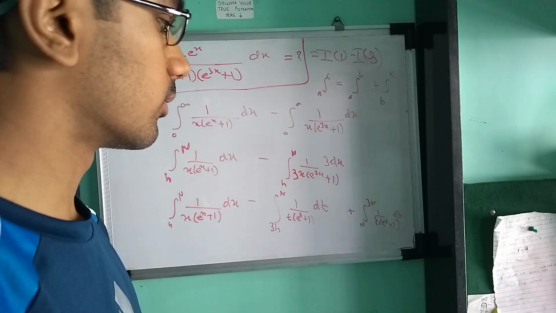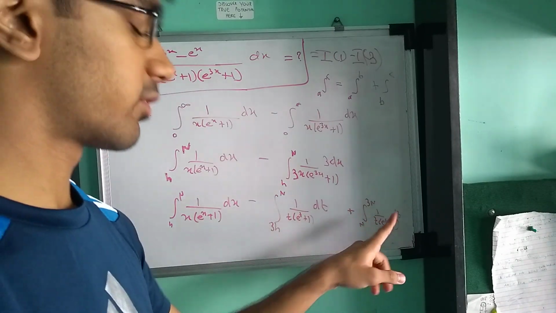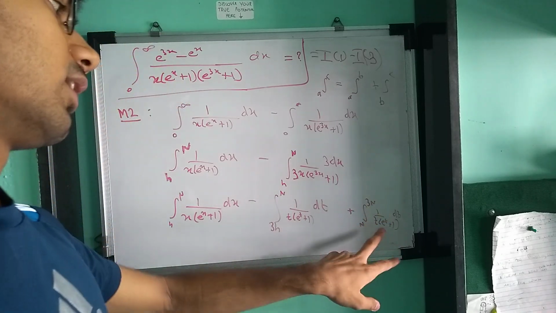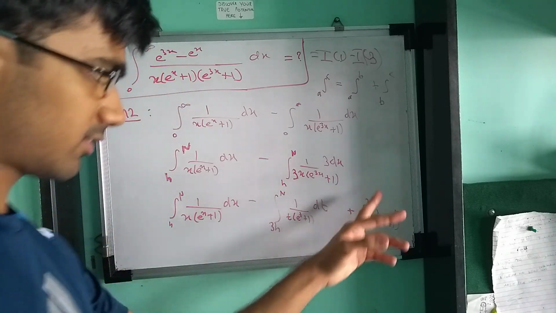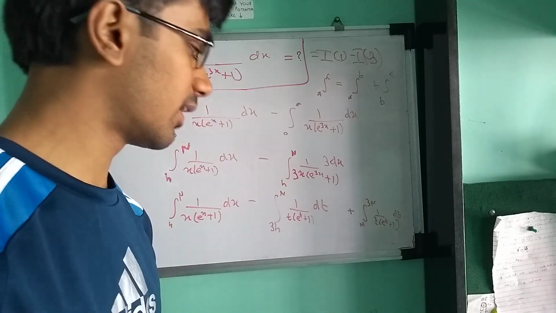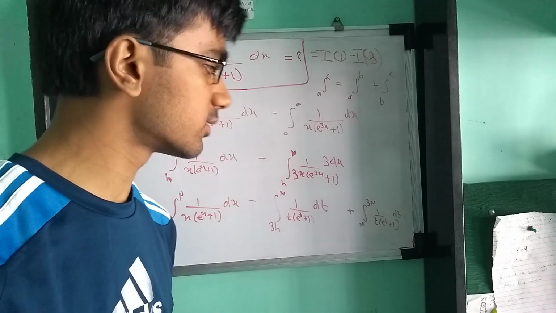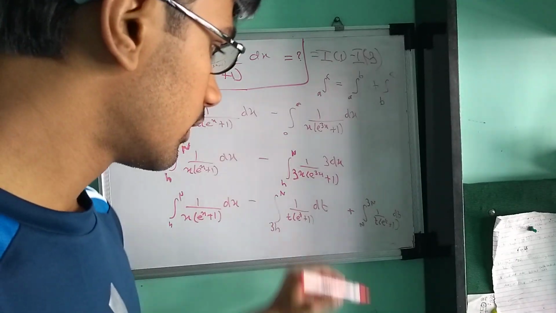Notice that this is 0 because here n tends to infinity, and when t is between n and 3n, e to the power t is extremely much larger than n.